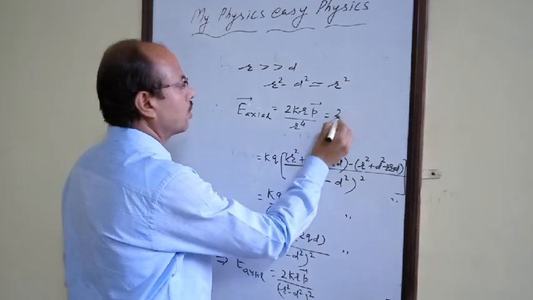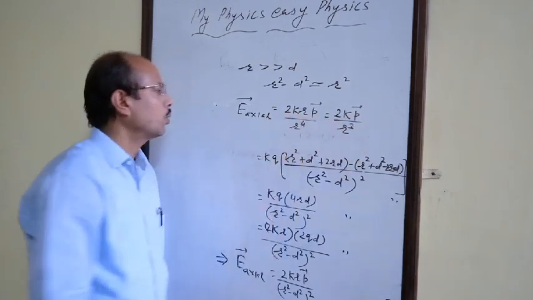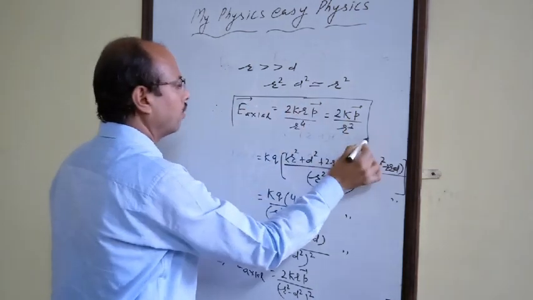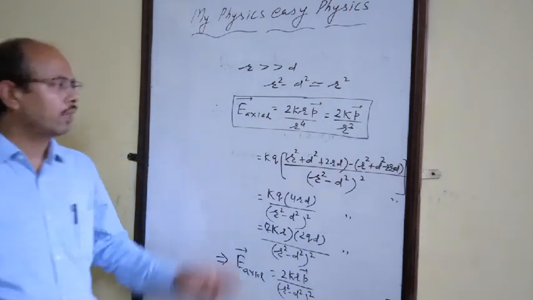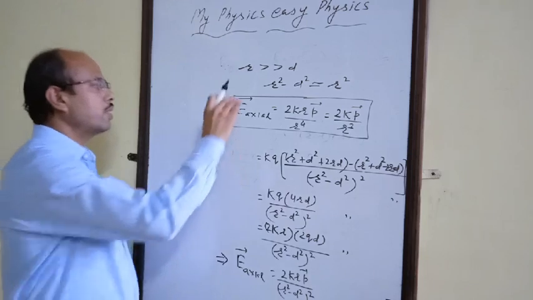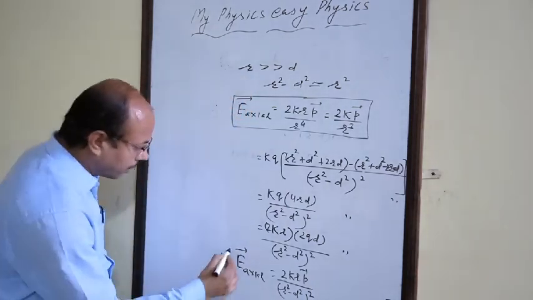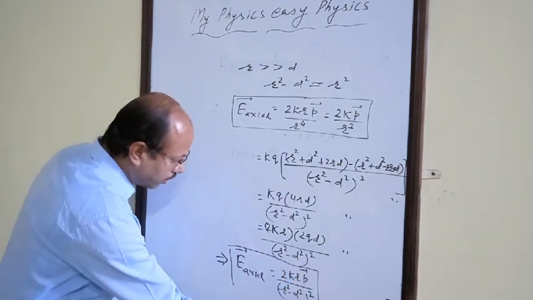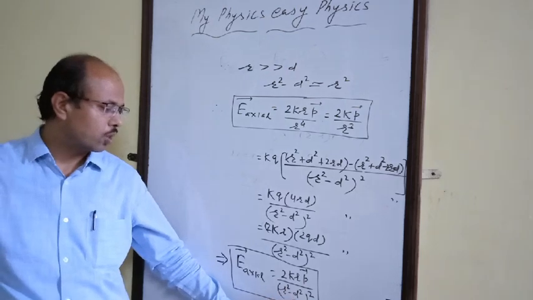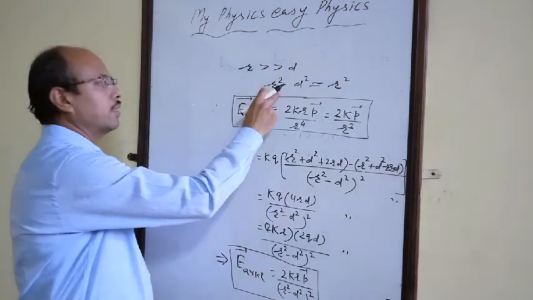And finally we can write 2KP divided by R cube. This is the electric field on the axial line of an electric dipole. But in which condition? When R is greater than D. It means this formula has some assumption. But the formula E axial equals 2KRP divided by (R square minus D square) whole square does not have any assumption like this. Thank you.